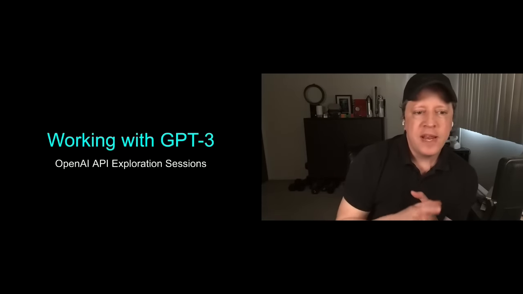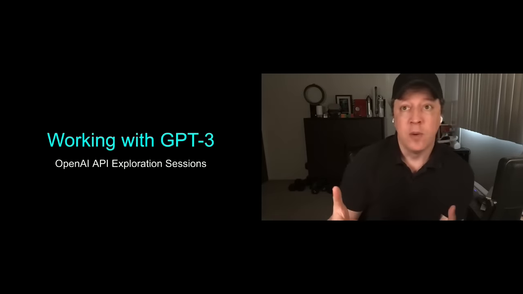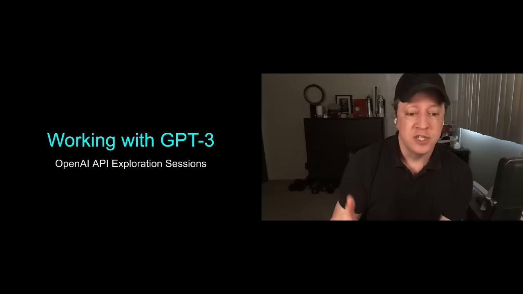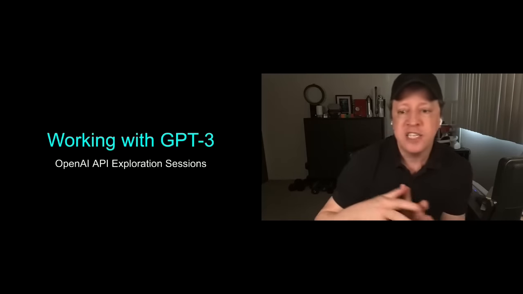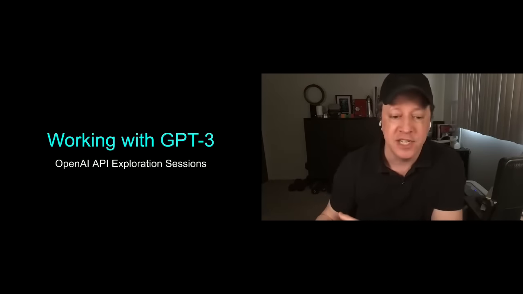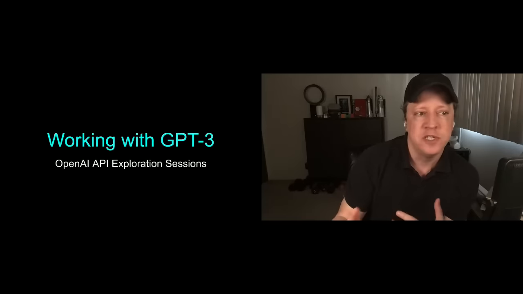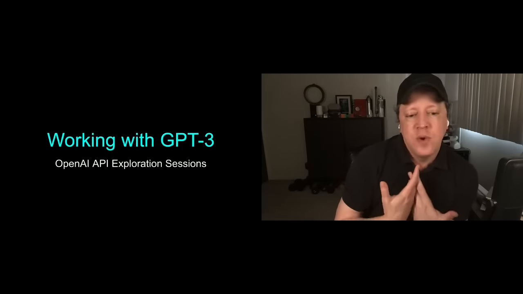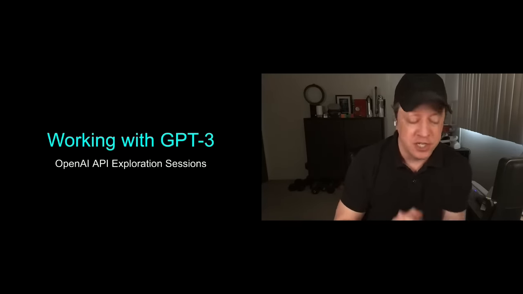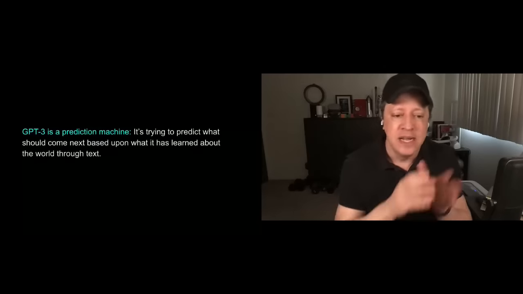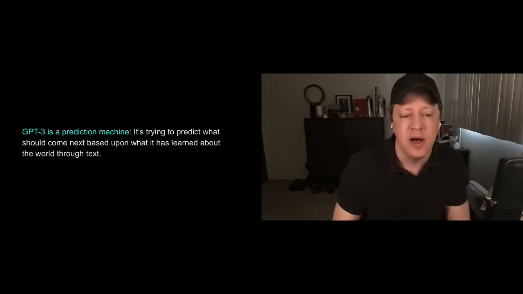The way to think about just about any form of artificial intelligence network is that they're essentially prediction machines, and that's what GPT-3 does. You give it some text, and it tries to predict what is going to come next in a sequence. I'll give you some more specific examples of that. That's what you need to think about when you're building an application: it's text in, text out. The text that comes out is based upon what GPT-3 thinks should happen next.